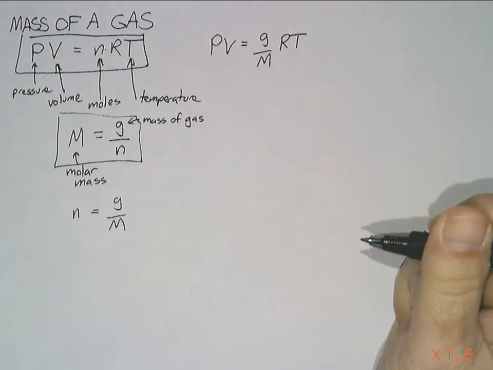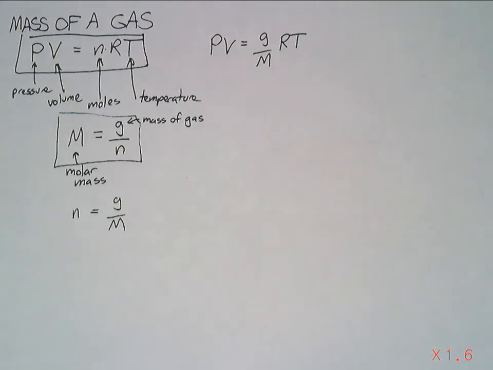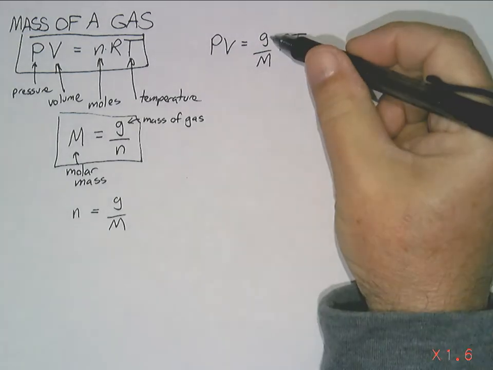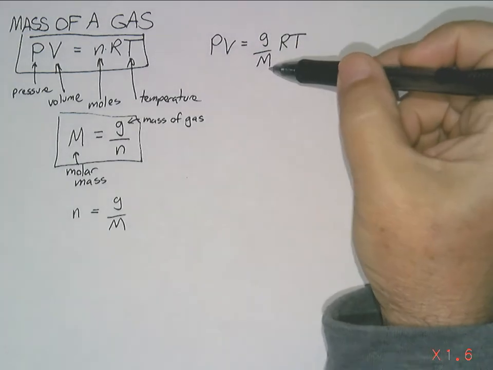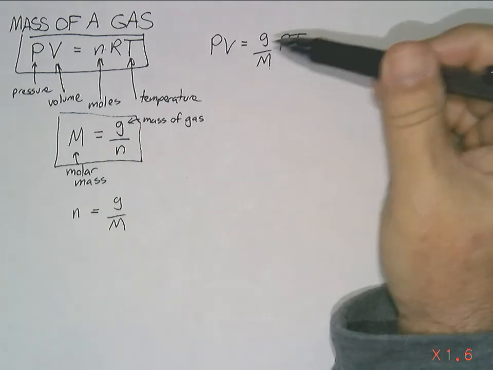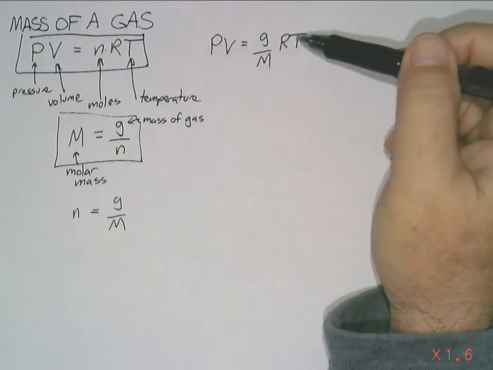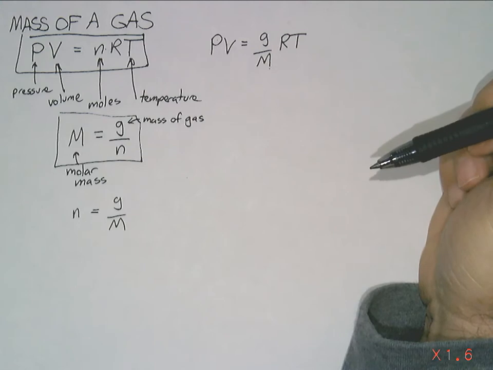Now, this is a useful version of the ideal gas law here. I can do all kinds of things with this. One of them being figure out the mass of the gas. If I know its molar mass, I can figure out the mass of the gas from P, V, and T.